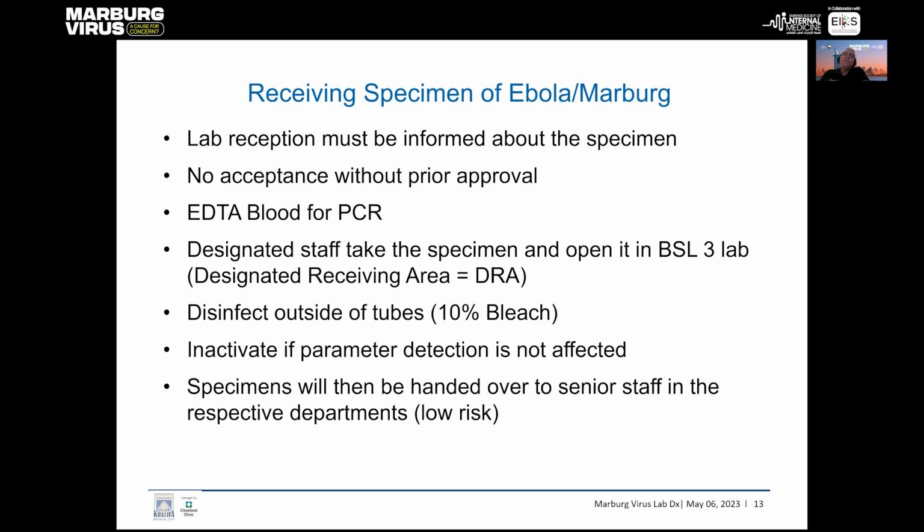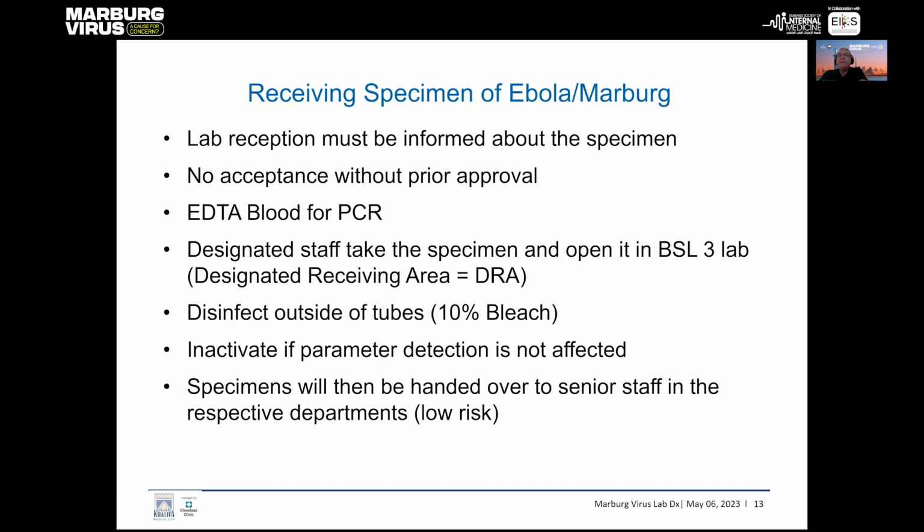To give you an idea how we will handle this, we have designated staff, and the sample will be transported to our BSL-3 lab inside the safety bench. The sample will be disinfected with bleach, and then we will inactivate the sample. Now, that is not a problem if you only want to perform a PCR.